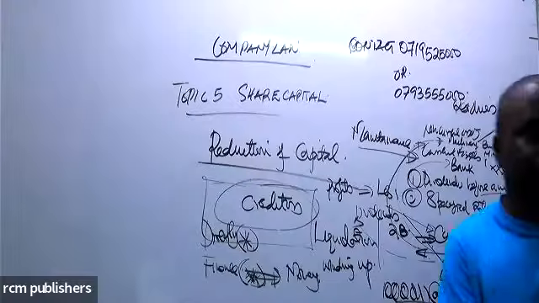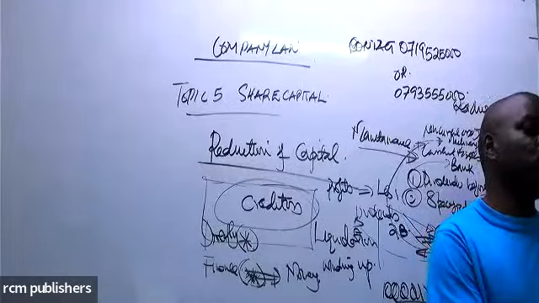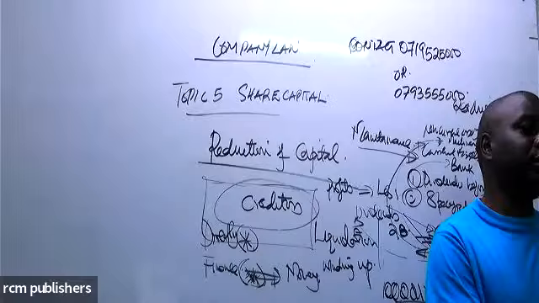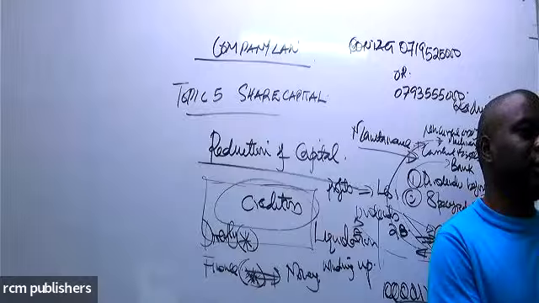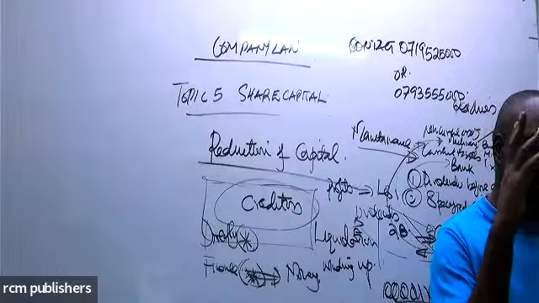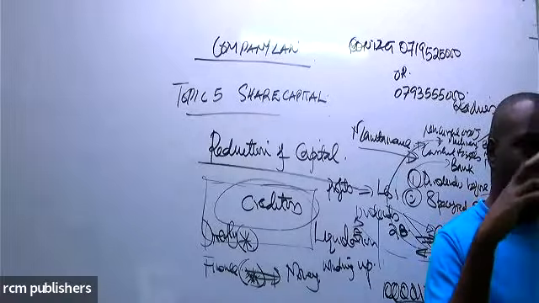The minimum is two, and the maximum, there is no limit. And then it's about publishing accounts. In a private company, it's not mandatory to publish, but in a public company it is mandatory to publish the books of accounts.